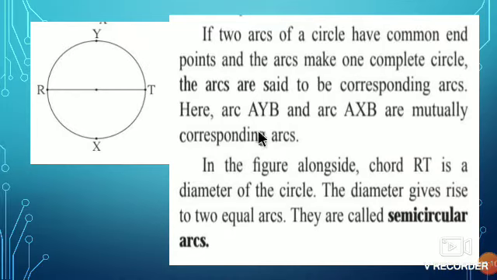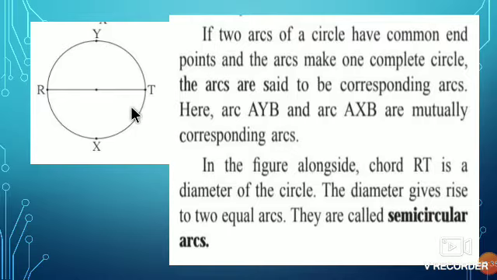Here, if two arcs of a circle have common end points and the arcs make one complete circle, like RYT and RXT, these are the two arcs which have the common end points R and T. So these two arcs are said to be the corresponding arcs.